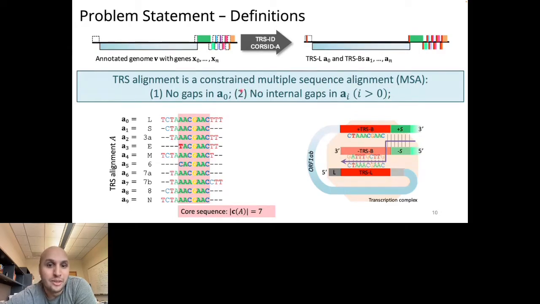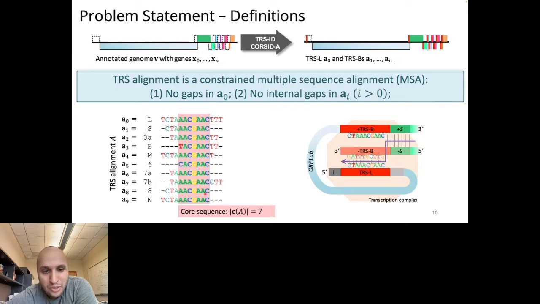The same biological constraint leads to number 2 over here. For the internals, the body sequences, A1 to AN, we cannot have internal gaps, only flanking gaps. So you can span different parts of the leader, but you cannot have internal gaps. Moreover, if you look at your alignment, there is something called the core sequence.